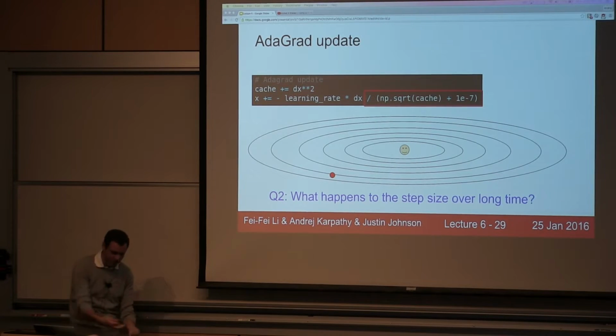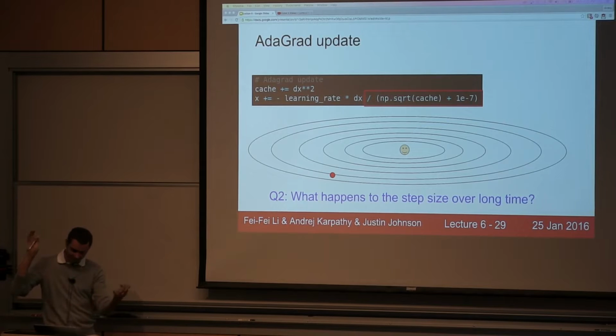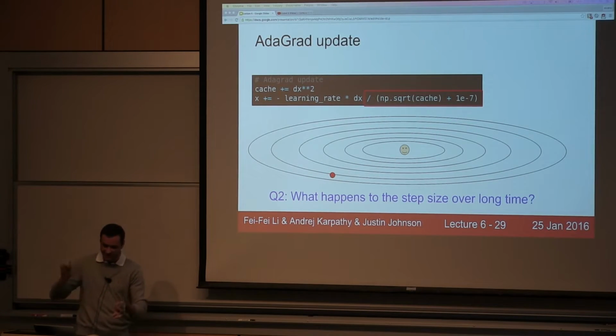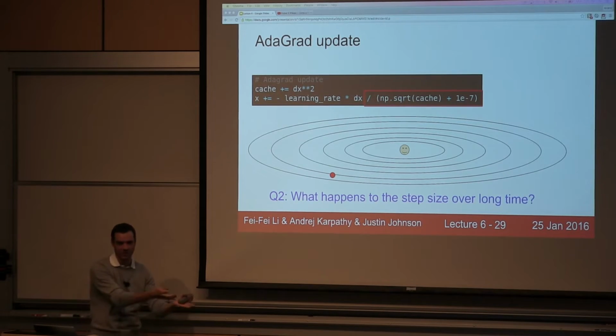Your learning rate just decays towards 0, and you end up stopping learning completely. That's okay in convex problems, perhaps, when you just have a bowl and you decay down to the optimum and you're done. But in a neural network, this stuff is shuffling around and trying to fit your data, and so it needs continuous energy to fit your data. You don't want it to just decay to a halt.